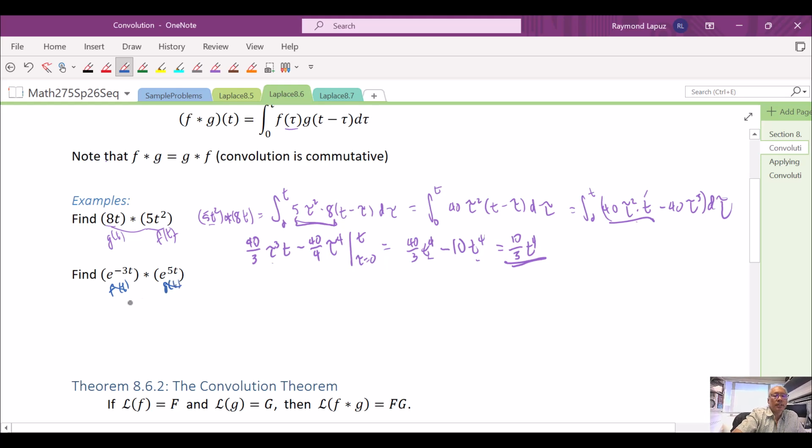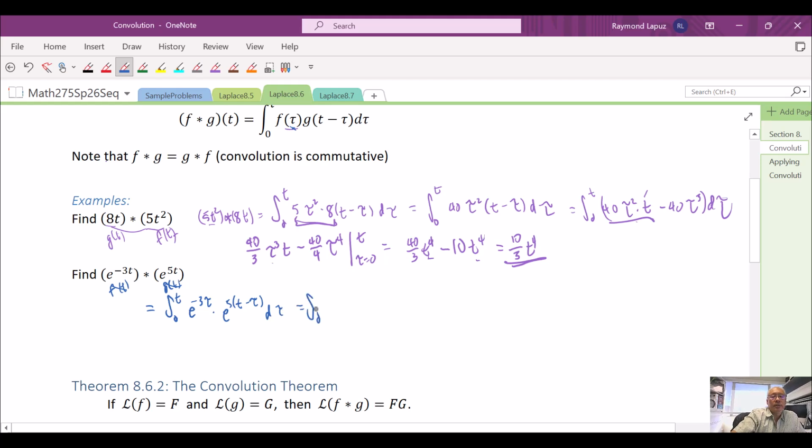And so the convolution here will be equal to the integral from 0 to t of the first function, e to the negative 3t, times the second function with a shift. Oops, this is not t, but this is tau, so this is tau. Times e to the 5 times t minus tau d tau.